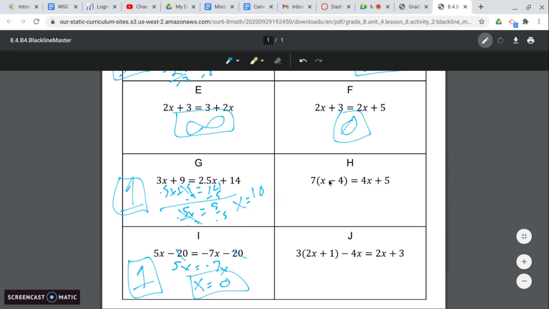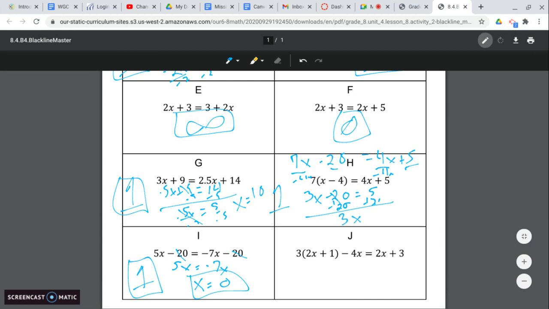All right, H, distribute. We're going to have x minus 28 equals 4x plus 5. It's going to be a one solution. Variables are different, constants are different. If we solve this out, subtract 4x, we've got negative 3x minus 28 equals 5.